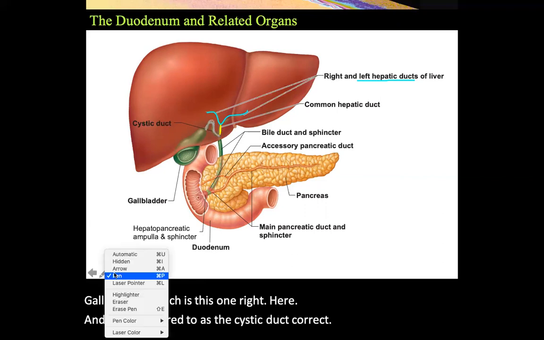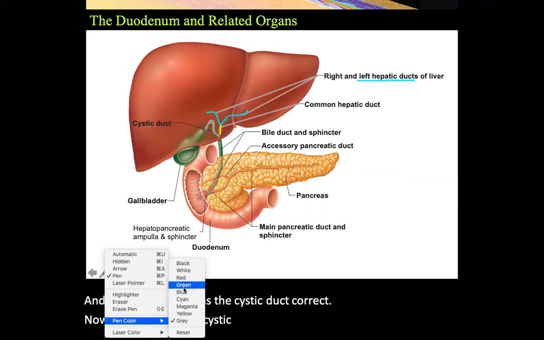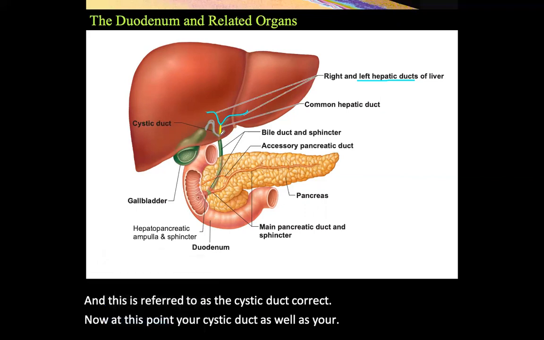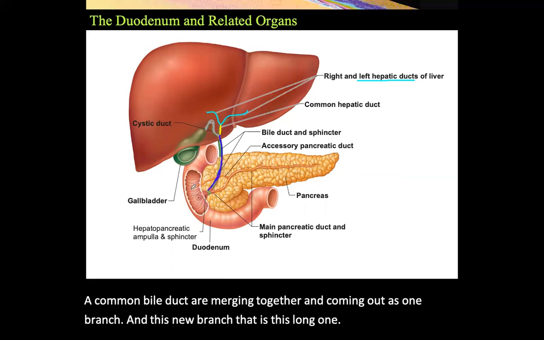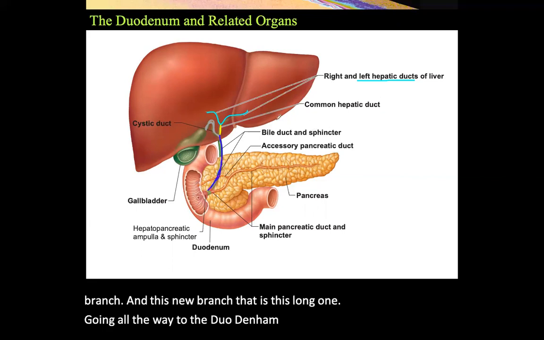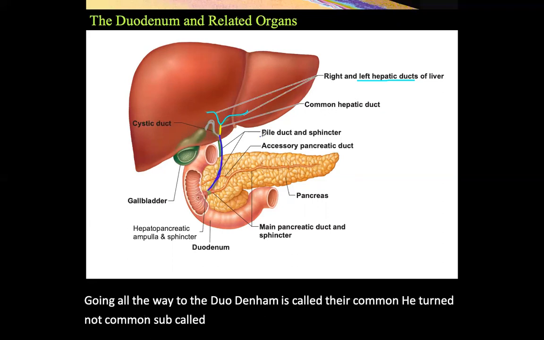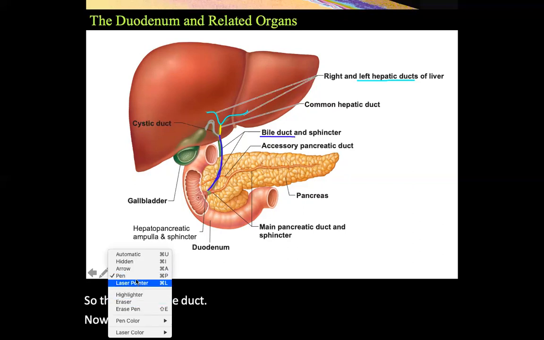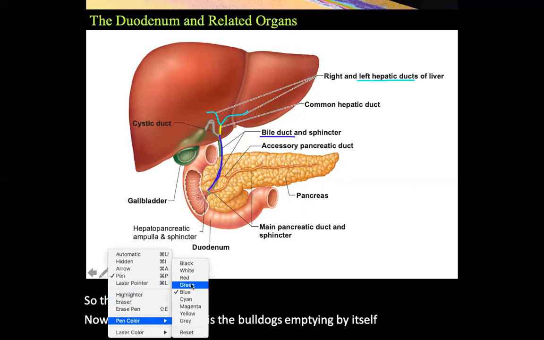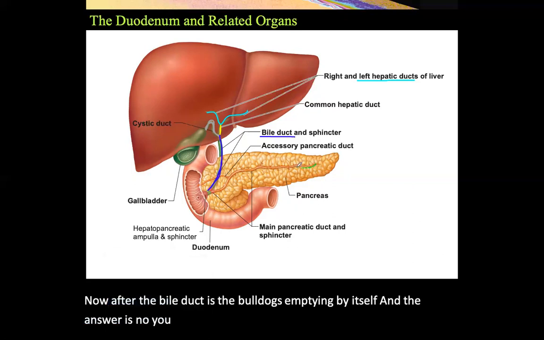Now, at this point, your cystic duct as well as your common hepatic duct are merging together and coming out as one branch, and this new branch that is this long one going all the way to the duodenum is called the bile duct. So that's the bile duct. Now, after the bile duct, is the bile duct emptying by itself? The answer is no. You also have the pancreatic duct merging into it.